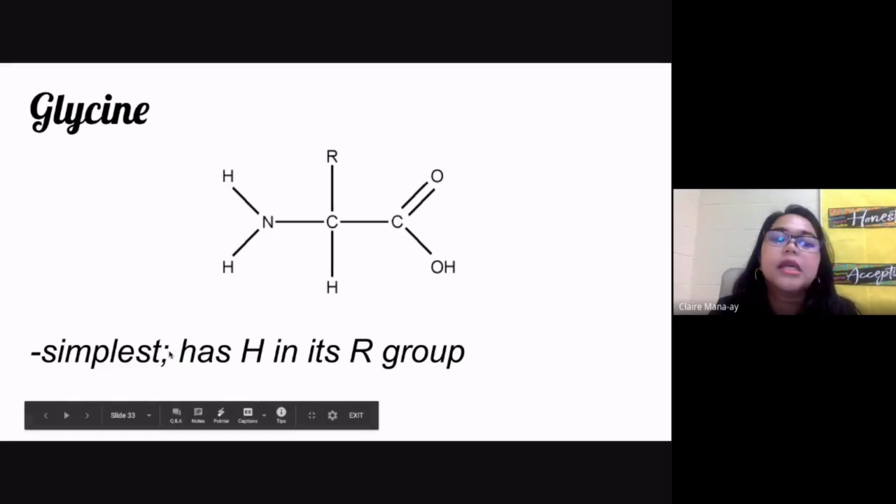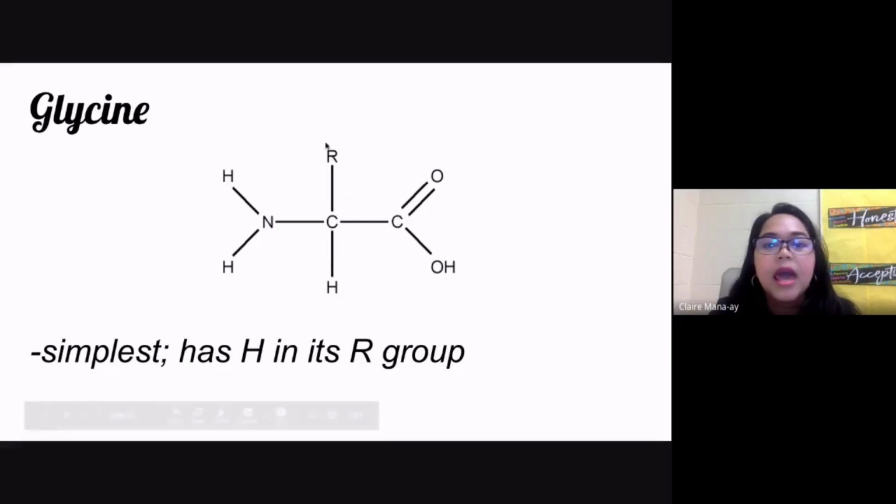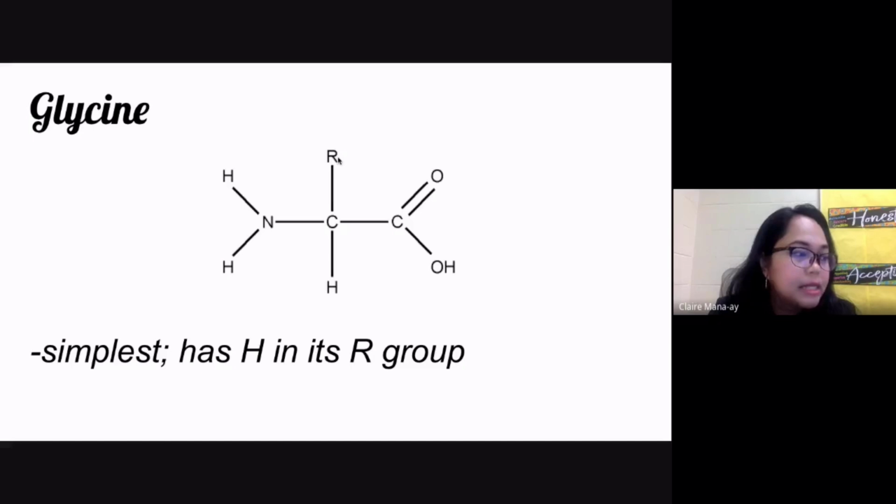It's glycine, and for its R group, it only has hydrogen. Again, it's only the R group that changes. The rest of the structural component here would be the same. So glycine, being the simplest amino acid that we have, only has hydrogen for its R group.